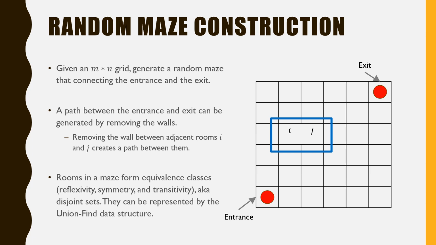In the context of a maze, a disjoint set corresponds to a collection of interconnected rooms. The goal of random maze generation is to ensure that the entrance and exit belong to the same disjoint set. This is achieved by randomly breaking walls between rooms, gradually connecting different regions of the maze in a randomized manner.